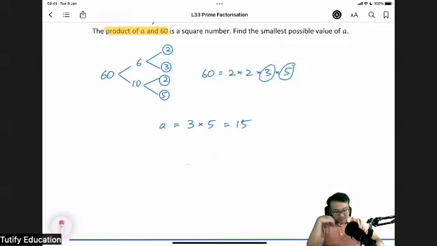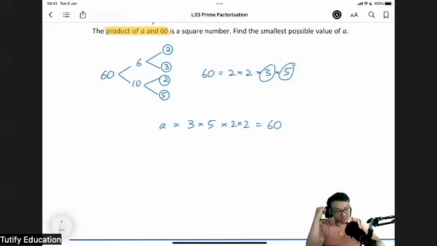Now, can A be equal to, for example, 3 times 5 times 10? So then A equals 150. Do you think this is also possible? Sorry, 3 times 5 times 2 times 2. So let's say 3 times 5 is 60.